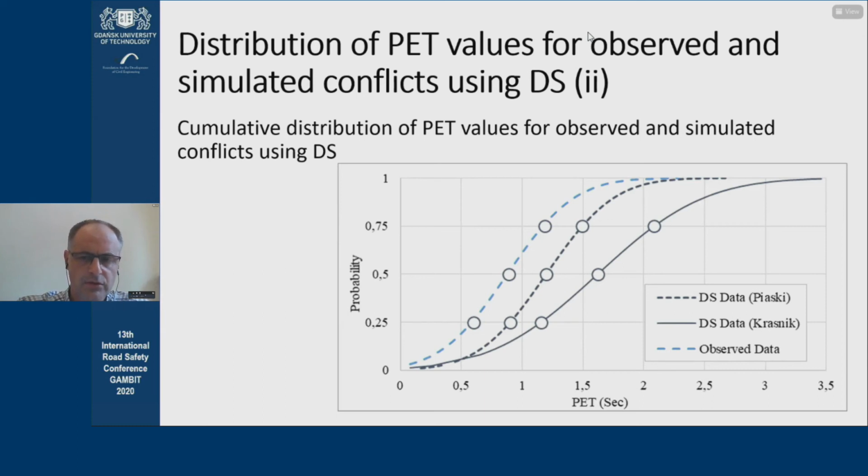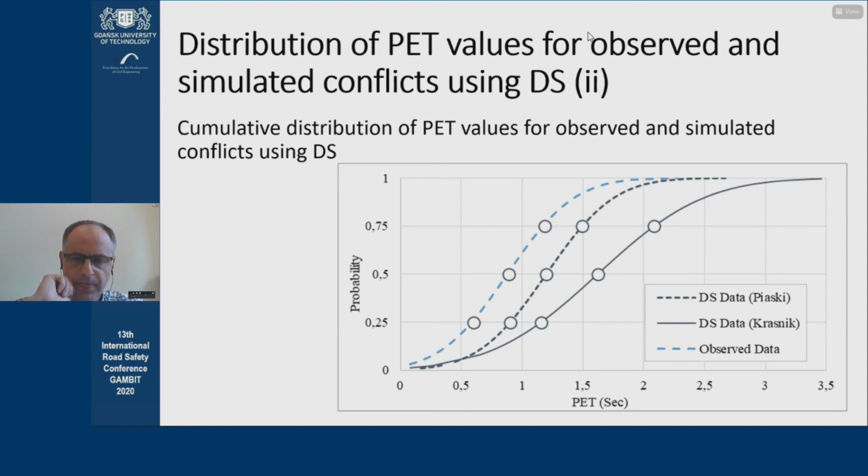When it comes to the results themselves, looking at this distribution, you can see that for the two sides where we have observed results and the Piaski results, the shape of the distribution is pretty similar, and the shift is a parallel shift. It's at 0.3 seconds.